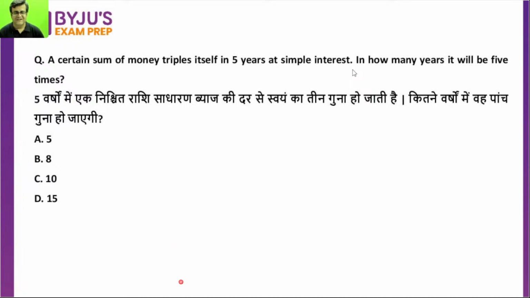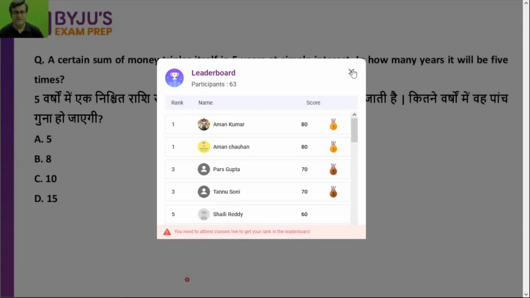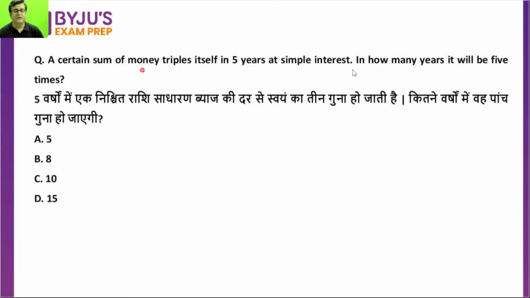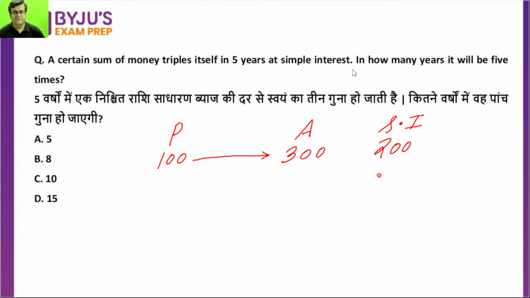This is nice. Let's go. C option is absolutely right. Everybody can see, money becomes triple. Money becomes triple means if principal is 100 rupees, it will amount to 300. Principal is 100, amount will be 300. So how much is the interest? 200. Okay. The time taken is 5 years.